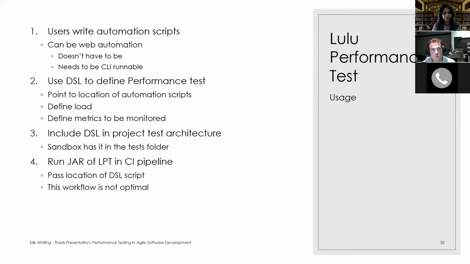And what users will do is they'll use the LPT DSL, the domain specific language, for defining the location of automation scripts, the load definition, and what metrics we want to watch.